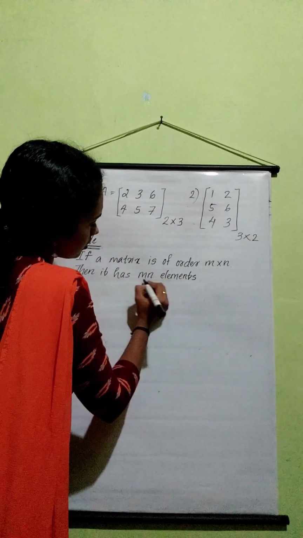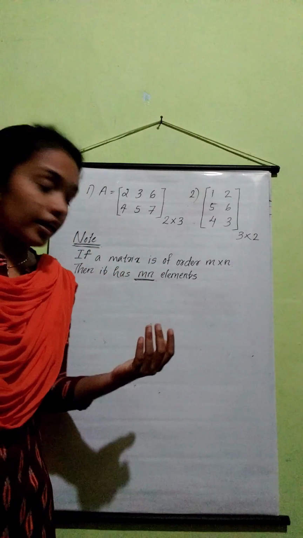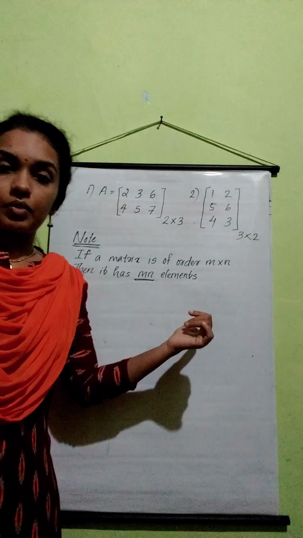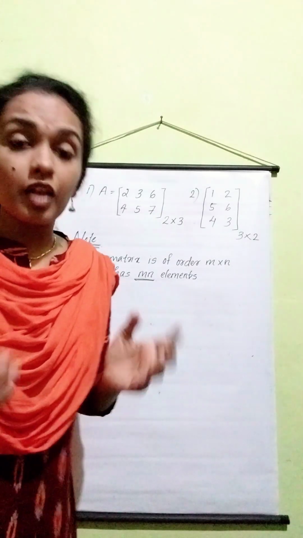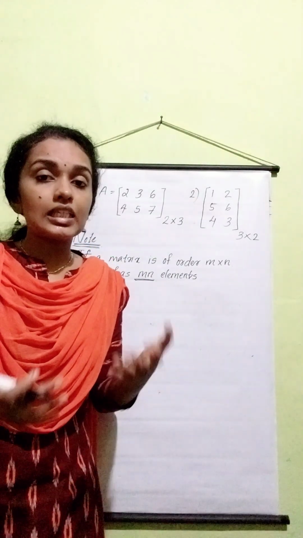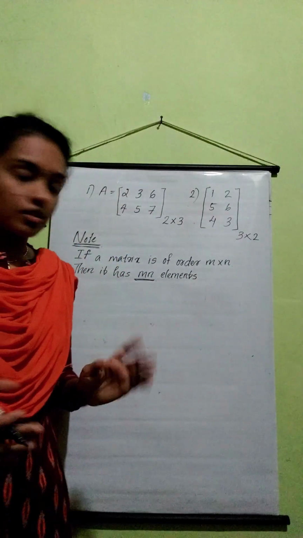It's an important note. If a matrix is of order m by n, then it has mn elements, that is m multiplied by n elements. What do you mean by elements? Elements are the values we write inside a matrix. So elements are the entries inside the matrix.